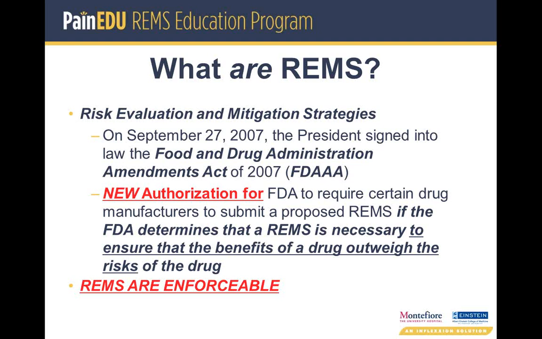But the important thing to note is that this does give the FDA new authority. REMS are required as part of a new drug application for drugs that carry a certain amount of risk, and REMS are enforceable, meaning that if enough adverse events occur, a drug could be removed from the market.